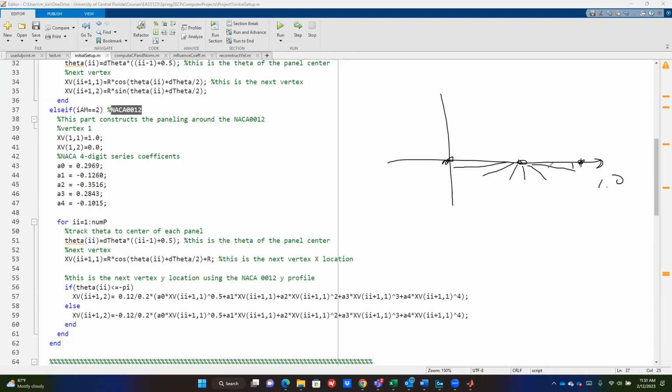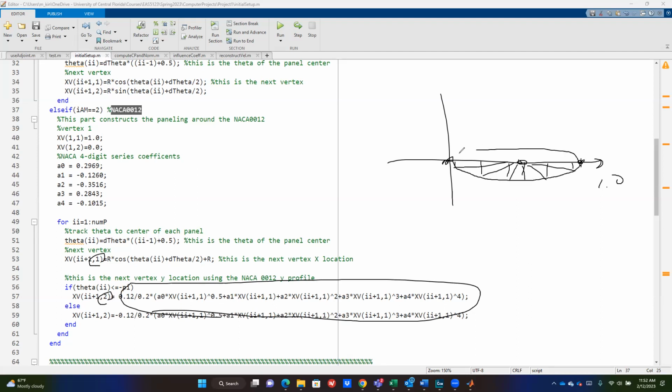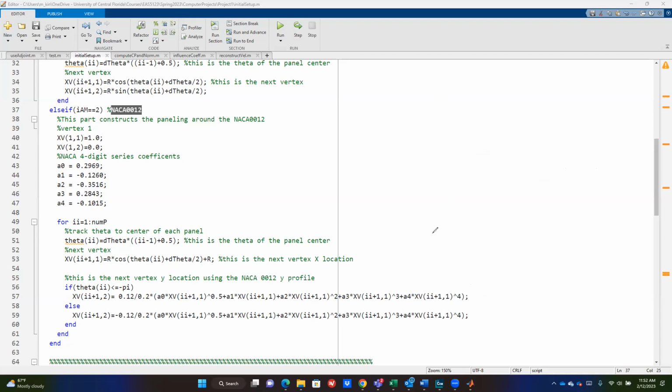Each one of these thetas gives us a different x location, and the y location comes from, so here 1 is x and 2 is y, this equation of an NACA airfoil. When you reconstruct it, you end up with your NACA 0012 airfoil. That's a really bad drawing of it, but this is what it ends up giving. So that was the approach I had taken.